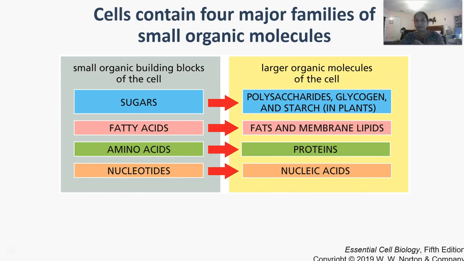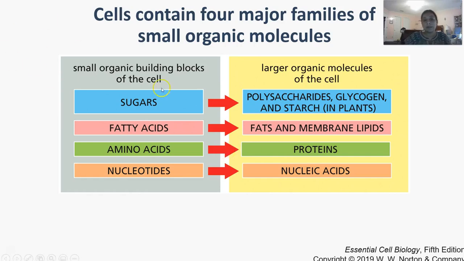So let's get started. These small organic building blocks that you have inside your cells and all living things are going to come together to create larger organic molecules in the cell that can be part of their structure and function.